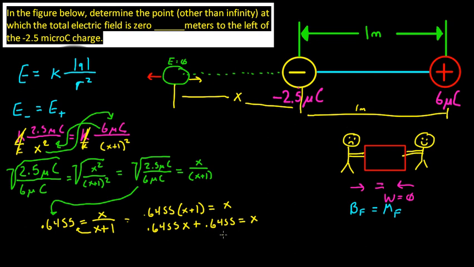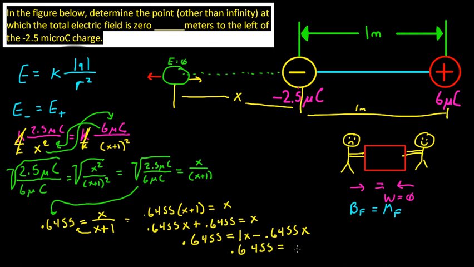Then we subtract this 0.6455x from this 1x. So we've got 0.6455 equals 1x minus 0.6455x, and that leaves us with 0.3545x.